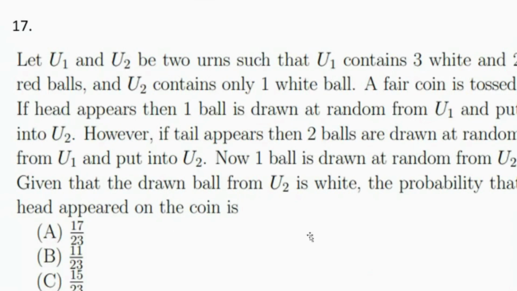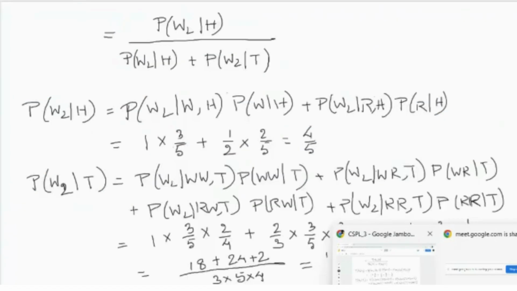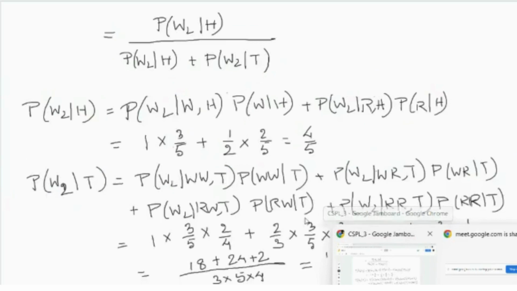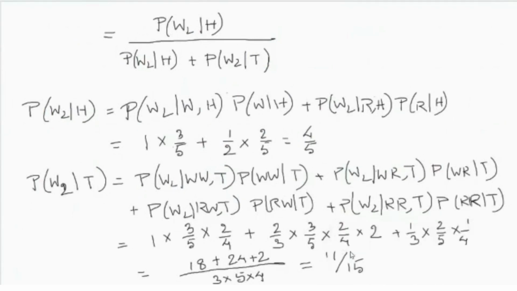Here it says that in urn 1 there are 3 white balls and 2 red balls. So obviously probability of white from U1 is 3 by 5, and W2 given W is the same way with 1 white ball inserted into U2. In U2, there is already 1 white ball. Adding another white ball means the probability of drawing a white ball is simply 1. And it goes the same way with the red balls. So this is probability W2 given head.